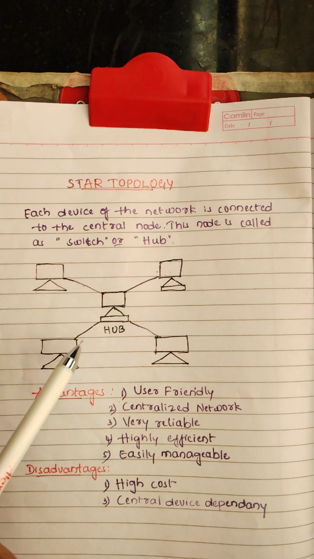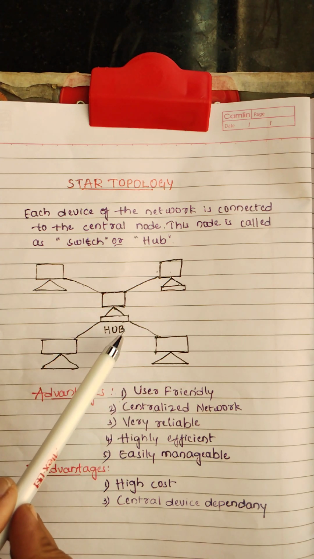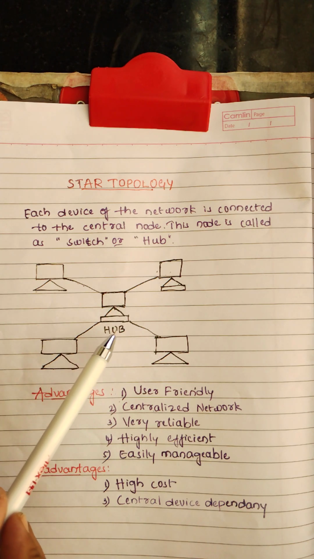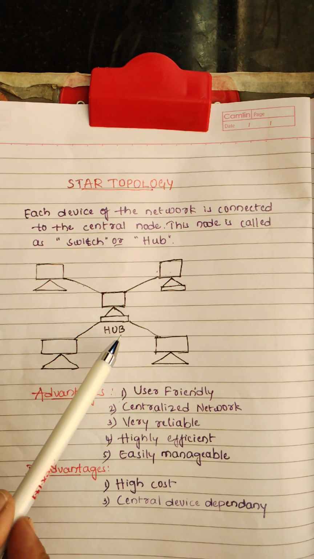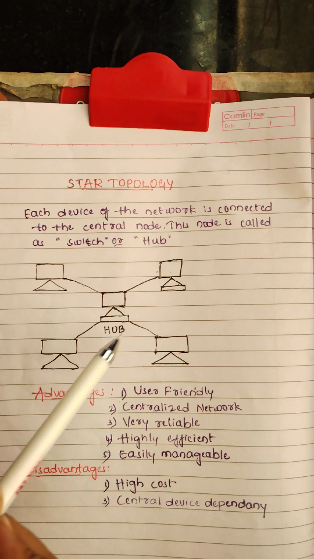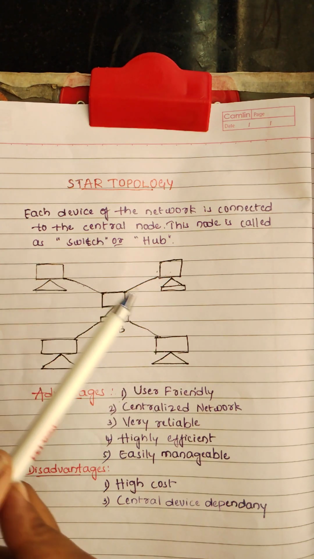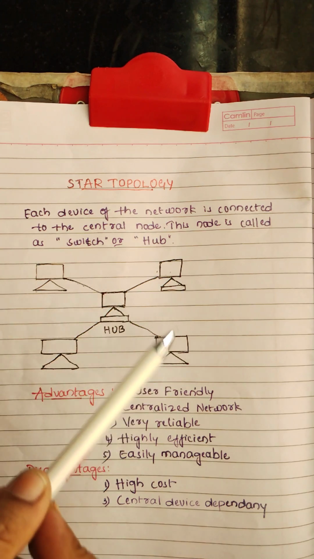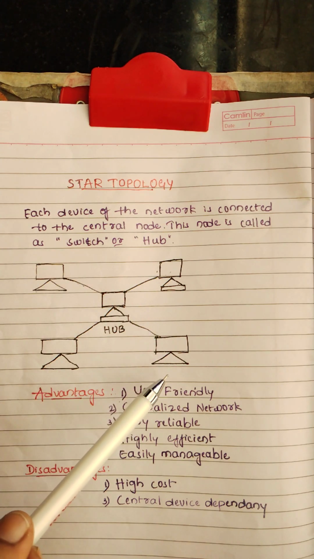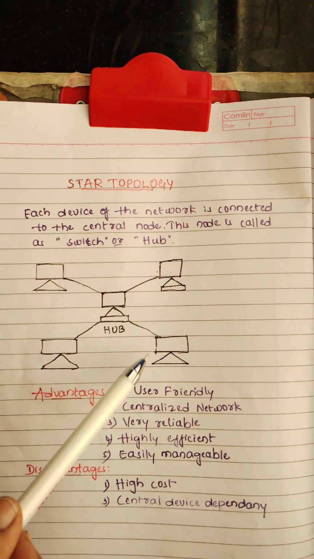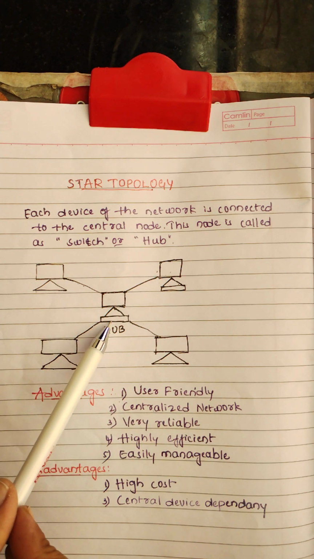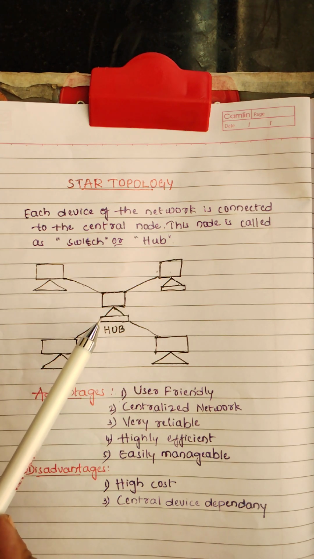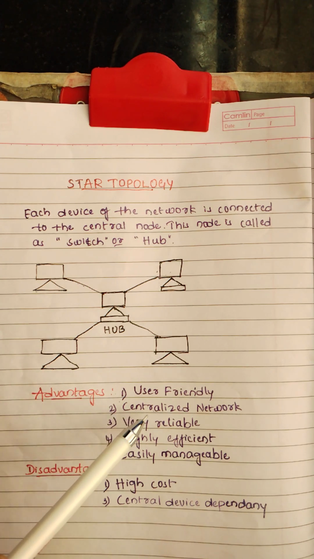Here, as we already said in the definition, this central device we call a hub or a switch, and whatever transmission takes place in the entire network, that entire network communication is monitored by the central hub. For that reason we can say it is a centralized network.